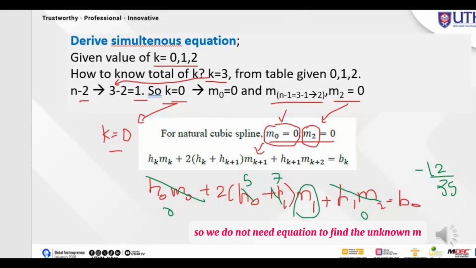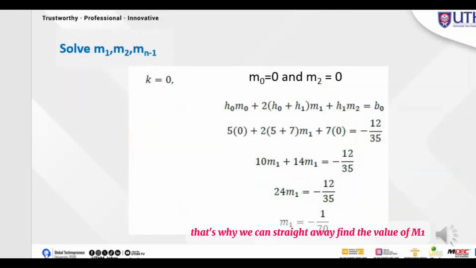So we do not need an equation to find the unknown M because we only have one unknown. So we can straight away find the value of M1 as negative 1 over 70. So this is the value of M1.